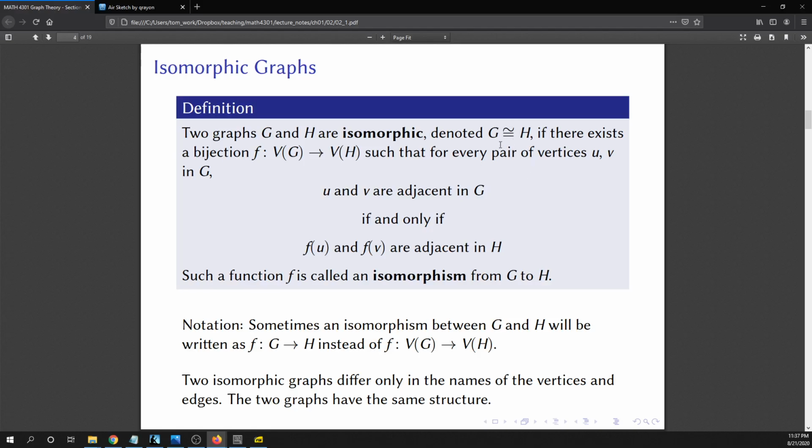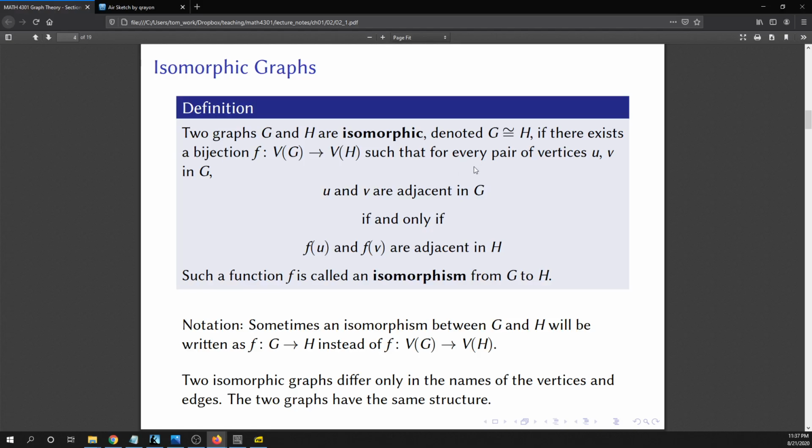So two graphs, G and H, are isomorphic if there exists a bijection between their vertex sets, a one-to-one and onto function f from the vertex set of G onto the vertex set of H. Okay, so that's number one. You need a bijection. And then that bijection also has to have this additional property that for every pair of vertices u, v in G, u and v are adjacent in G if and only if f(u) and f(v) are adjacent in H.